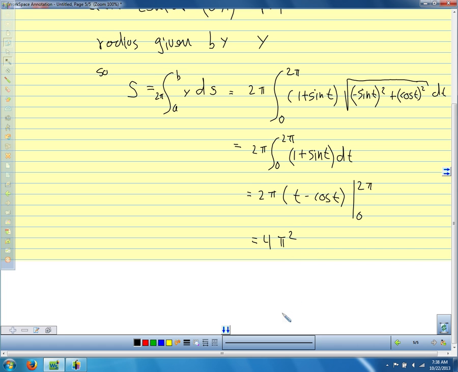Kind of reminds me of that. All right, questions on these two examples? Nothing that much different than what we've done in the past. We're just using our expressions for parametric equations rather than our standard explicit functions y in terms of x.